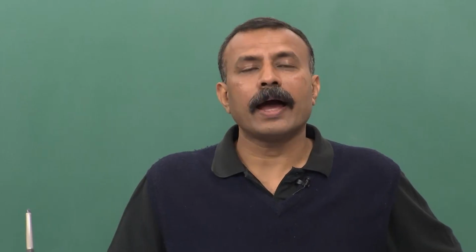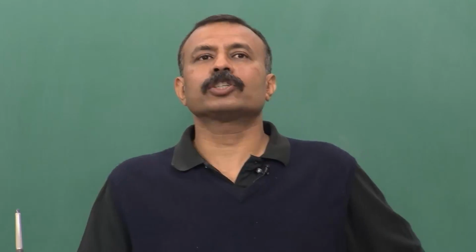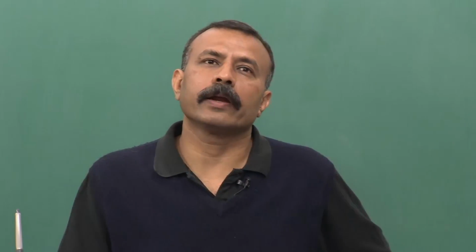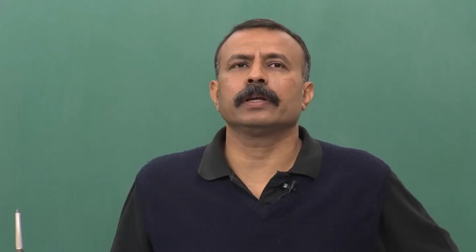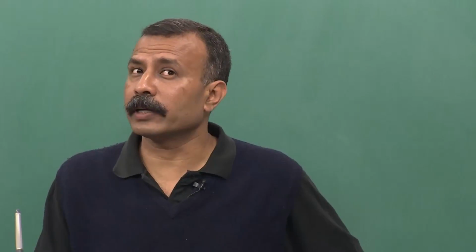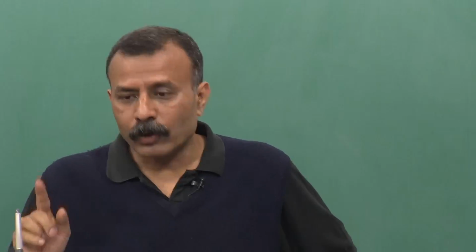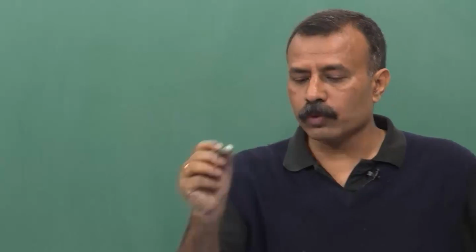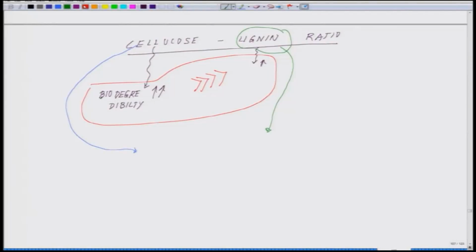That is one of the big challenges: how to degrade lignin, because there is a huge amount of it and it is really high in energy content. You have to find a cheaper route where the energy input E is low and you can derive the bond energy out of it.